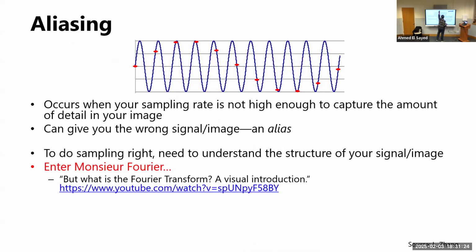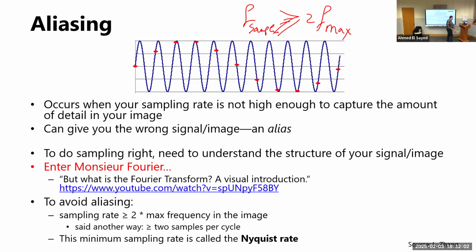When we said that if I want to sample this signal, the sampling frequency for the signal must be at least double the maximum frequency I have for this input signal, to avoid aliasing, which we call the Nyquist rate.